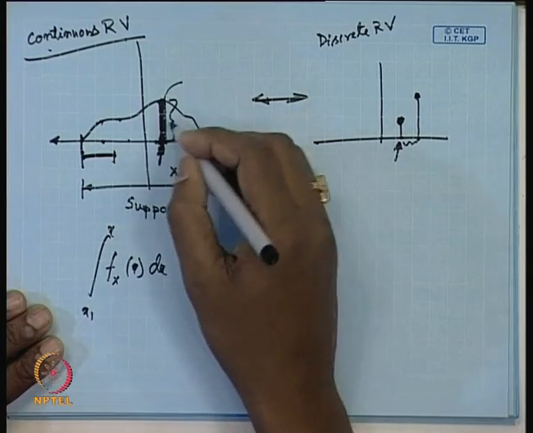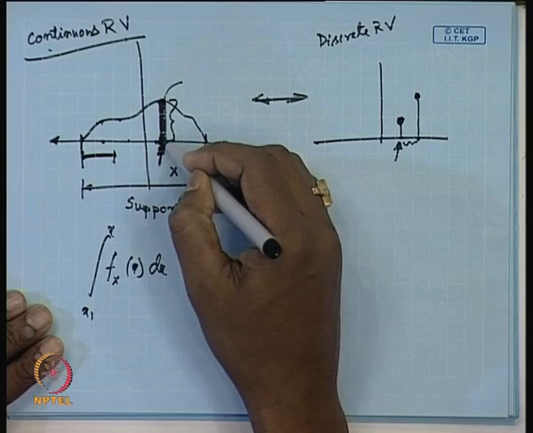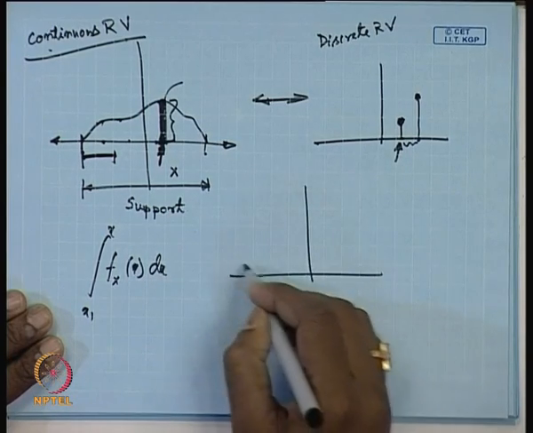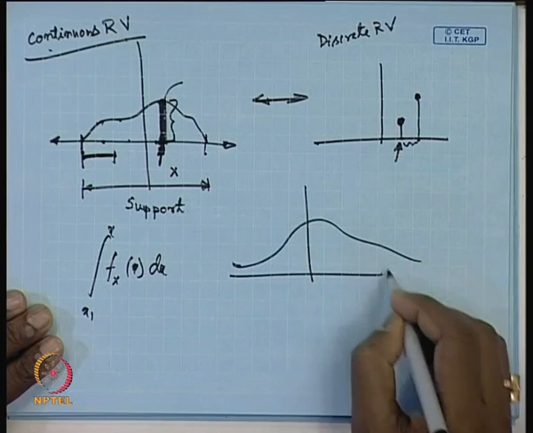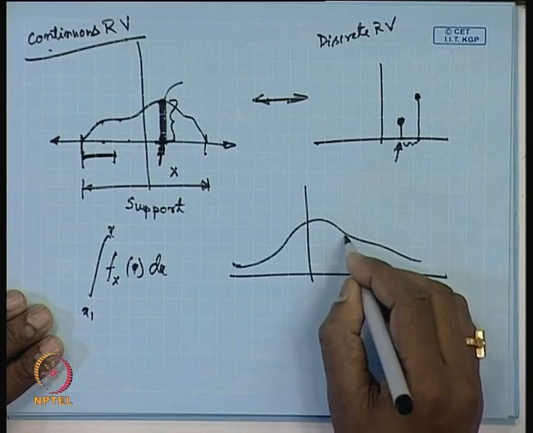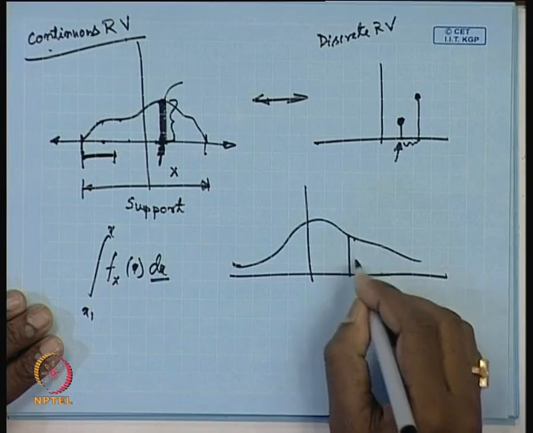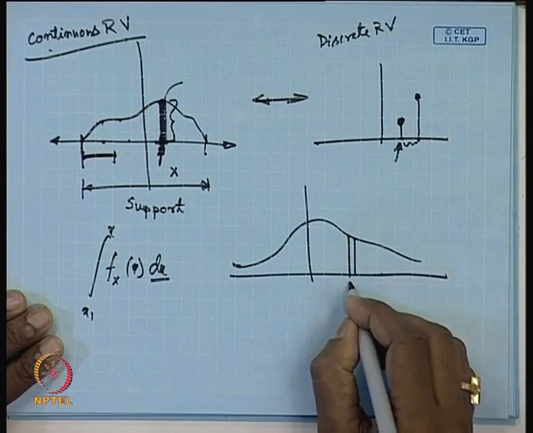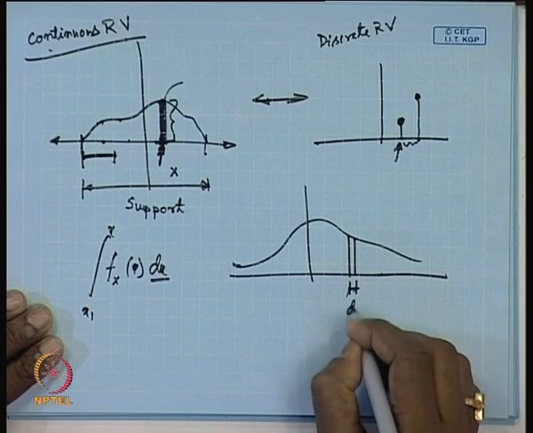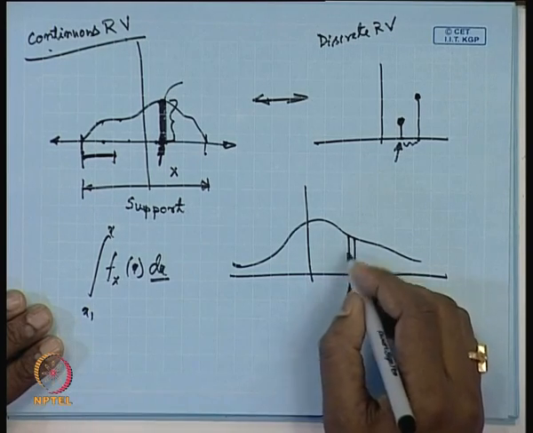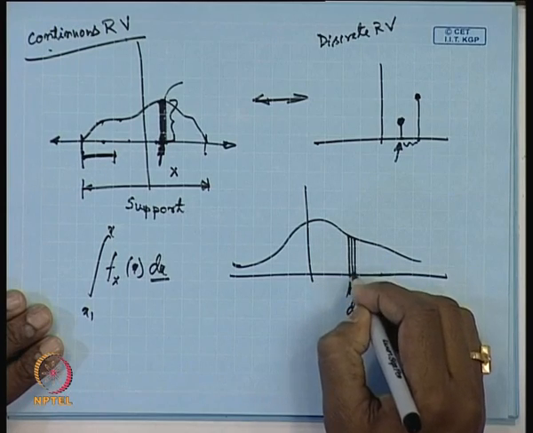Now, what we are discussing here is that this is the density. Basically for this graph, we are taking a small strip, so dx is this small strip here. This f_X(x) gives you the value for this area.